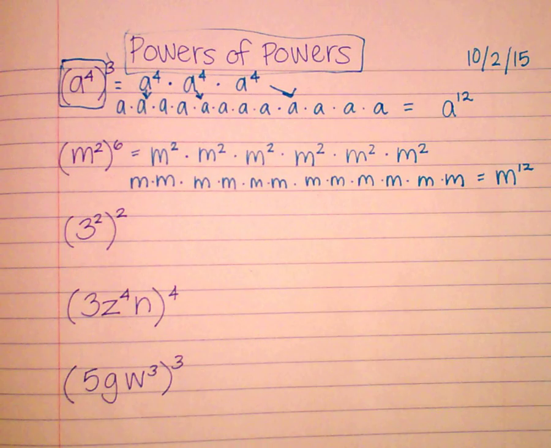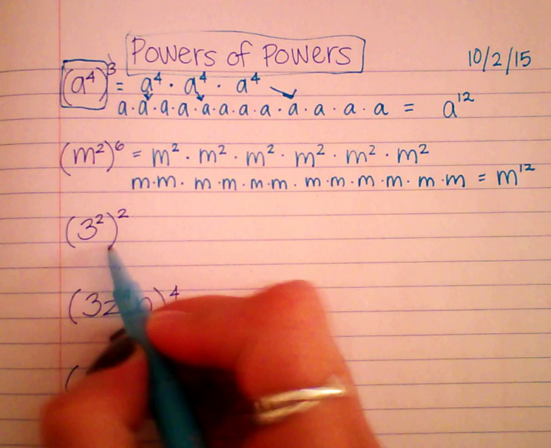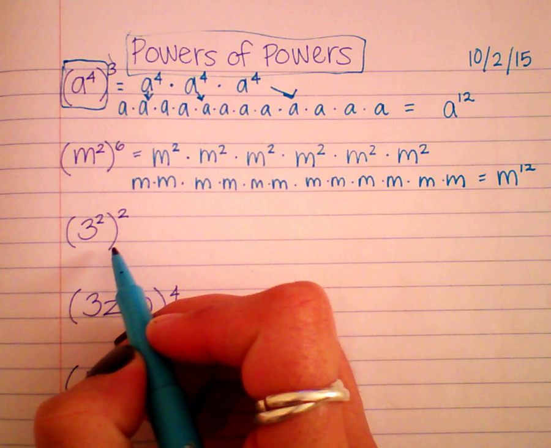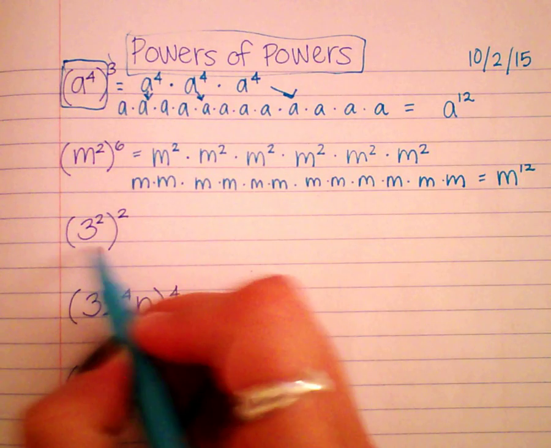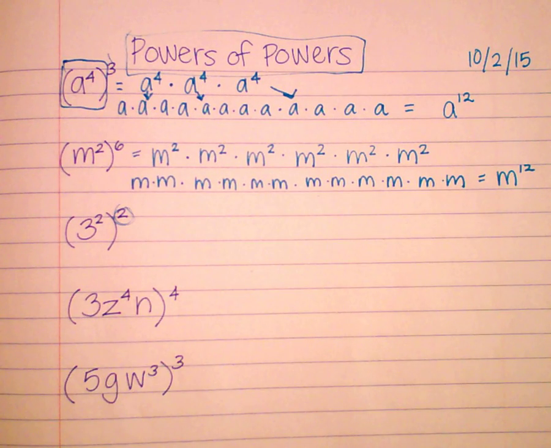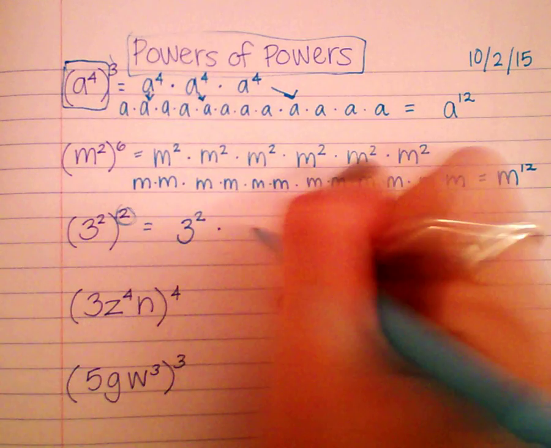Let's try the next one. Let's not only simplify it, let's actually then evaluate it and see if we can figure anything else out. So my base is 3 squared, and I need to do all of that to the 2nd power. So I need to write my base 2 times. 3 squared times 3 squared.